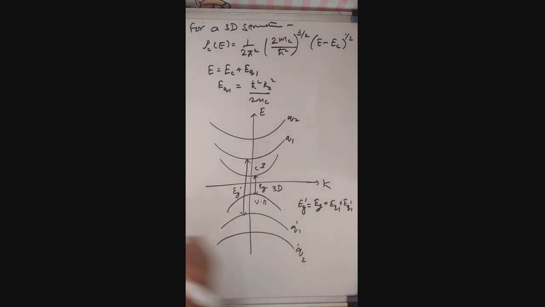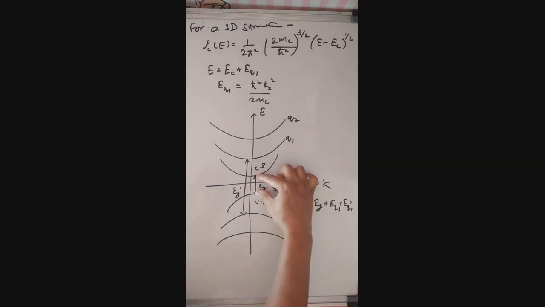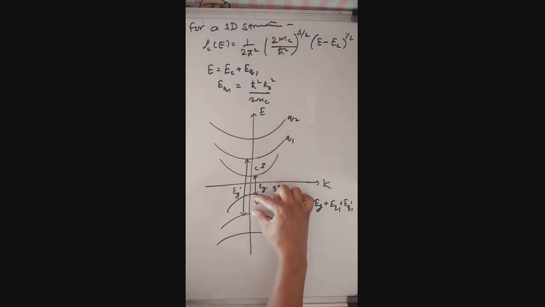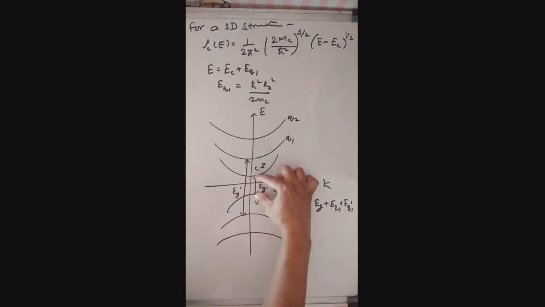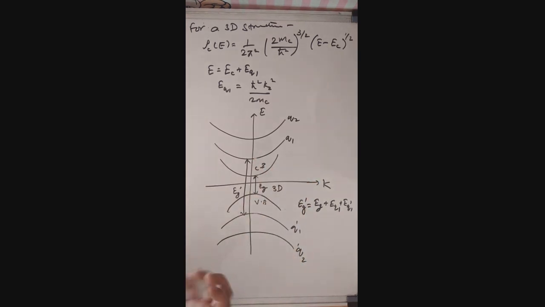That means we have to use this value plus this value, and this is the effective band gap. So you can see that in a three-dimensional structure the band gap is less, but in the two-dimensional structure it is quite big. So on reducing the dimension, the band gap also increases. This is one of the important conclusions of the 2D structure formation.